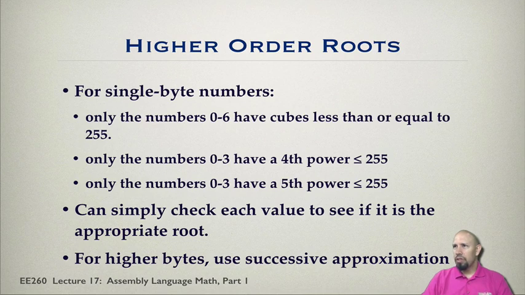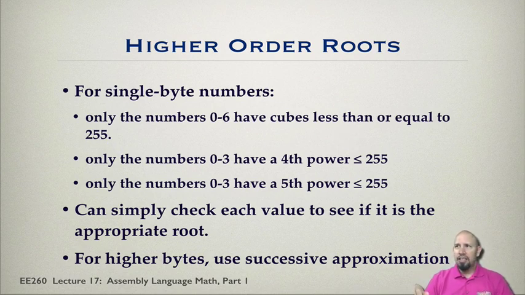Higher order roots. It turns out that for higher order roots, there's not much of an issue here, especially if we're working only with a byte. Only the numbers 0 through 6 have a cube. If you cube 7, you will get a number greater than 255, so it becomes more than one byte.